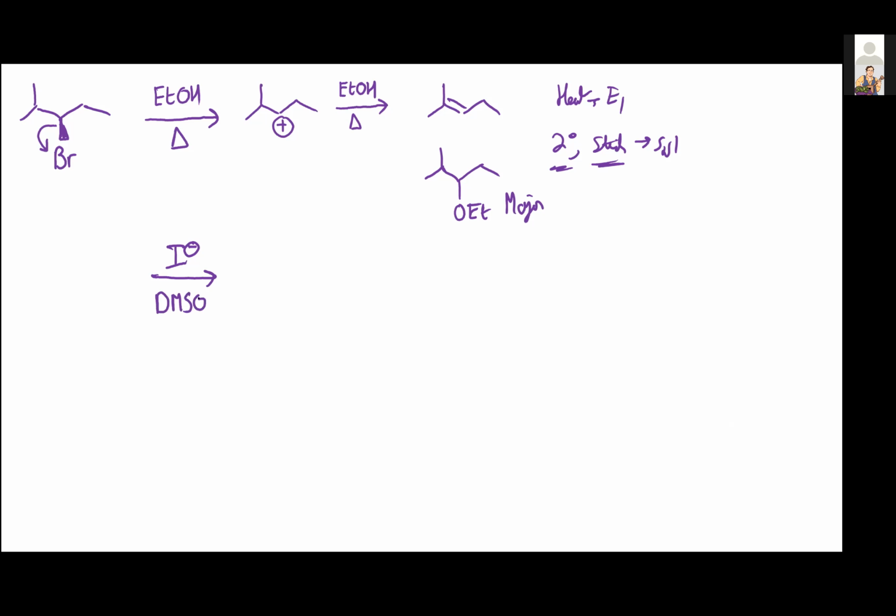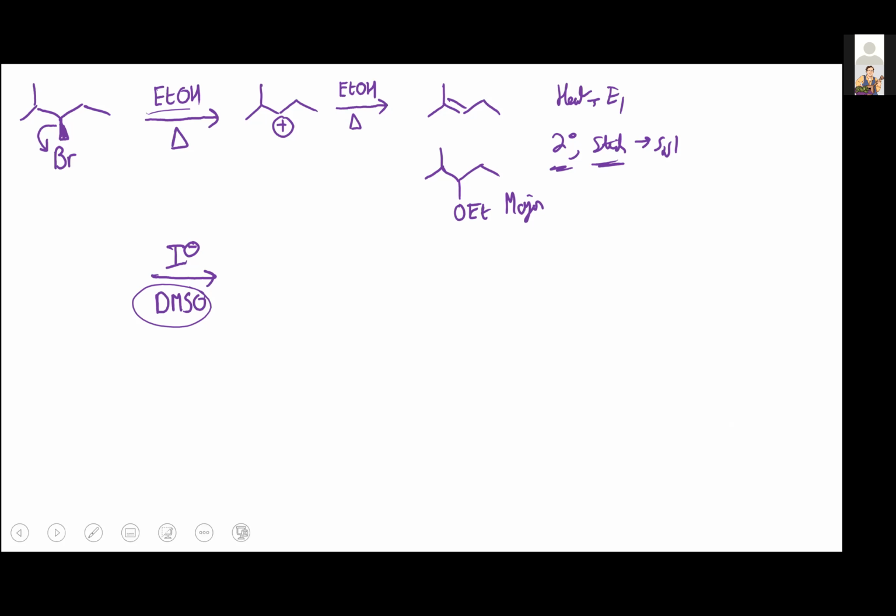And now we know it's a polar aprotic solvent. So suddenly the carbocation is not looking as favorable. It's not so much that anything's changed about how easy it is to make the carbocation. The carbocation is about the same. A little bit harder to make because we now have an aprotic solvent instead of protic. Ethanol is a protic solvent. But the big thing is we have something that can happen faster than carbocation formation now. Suddenly we have an alternative.